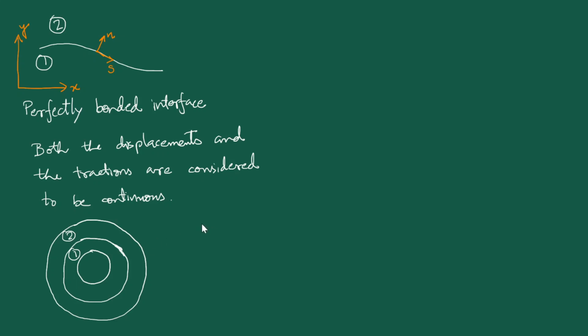So the value of the displacement, let's say the radial displacement is represented by u_r. The radial displacement at the interface for material 1 is equal to the radial displacement for material 2 at the interface. Okay, but this is not enough.